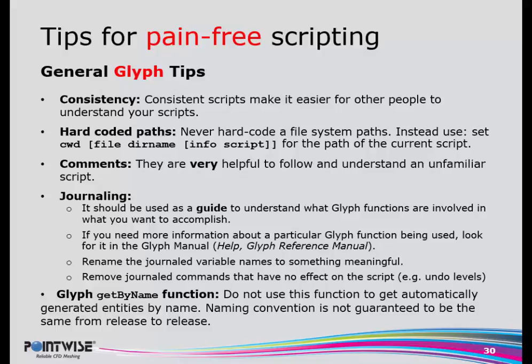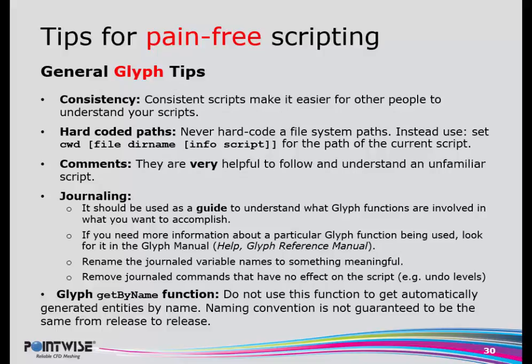And lastly, we did want to mention the getByName function. The getByName function is okay to use if you've explicitly named the objects in your Pointwise file or in your geometry, for example. Basically, the way it works is it says if I need con-a, you can use getByName to get that connector and then use it.